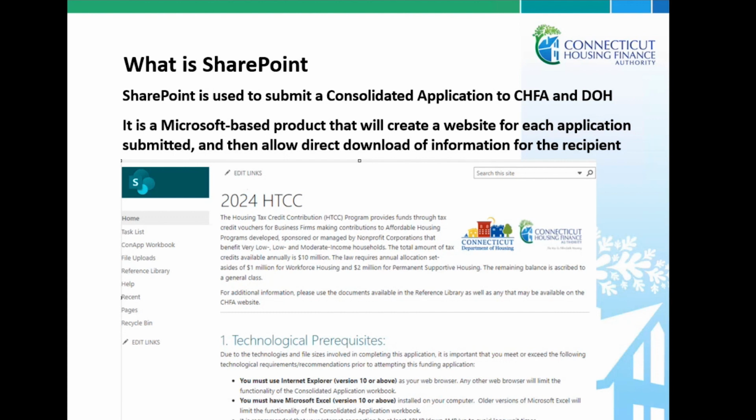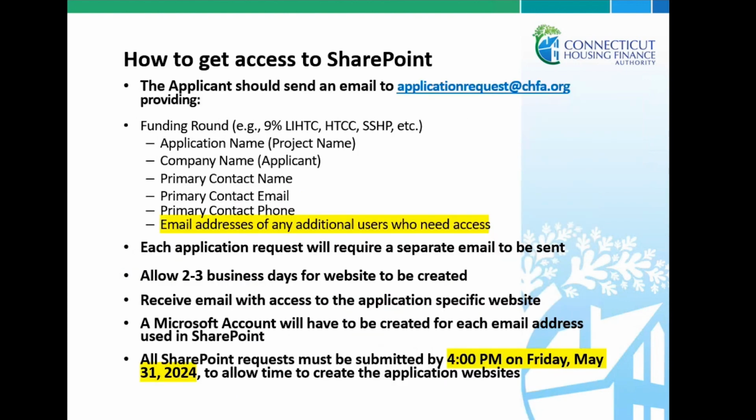This is what you would see when you request a SharePoint site. So at the top, there's a little blurb about the HTCC, and on the site panel, you have the task list and all of the CONAP and all of that we'll go over today.